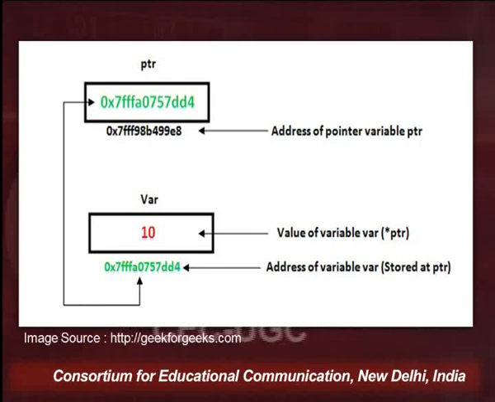Now if I store the address of pointer variable PTR in another variable, let's say P1, then P1 is a pointer to the pointer, which is also possible. We can have pointers to pointers, and using them we can also access the value of VAR without using its original name.